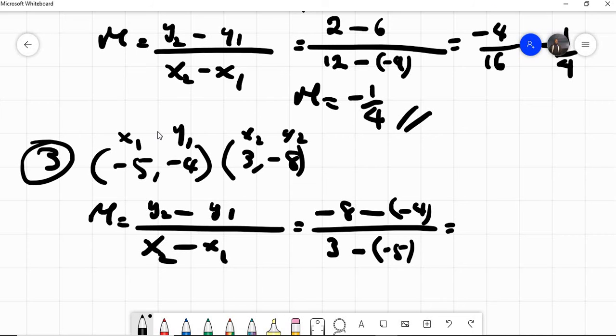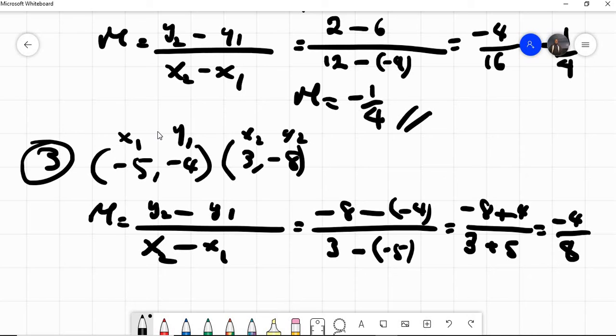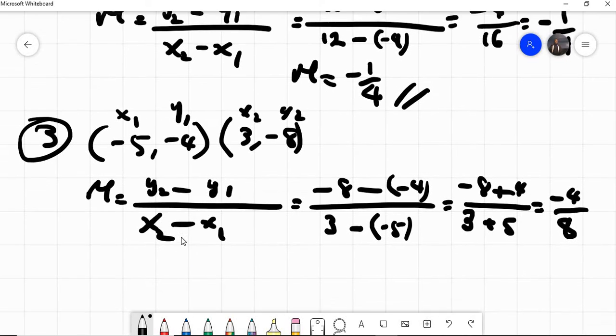So this is what will happen: minus times minus 8 will be plus, minus times minus will be plus 4, and then on the bottom it's going to be the same thing, 3 plus 5. When we subtract, we're going to get negative 4 over 8.